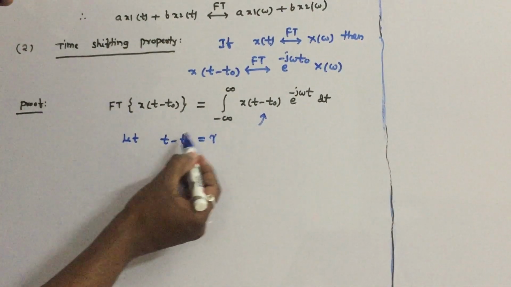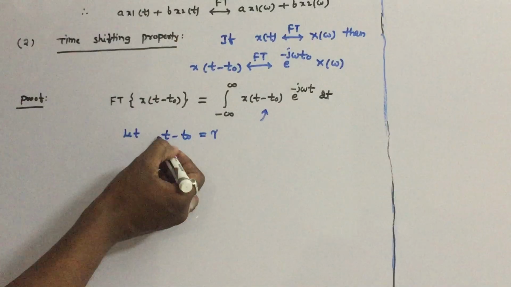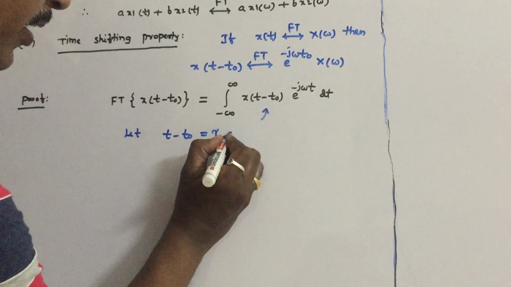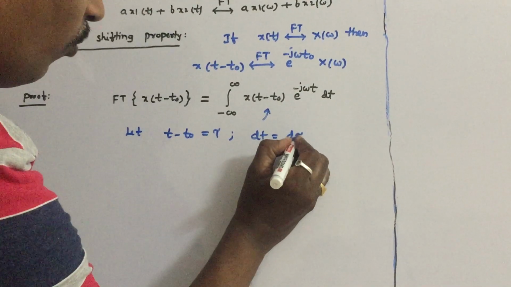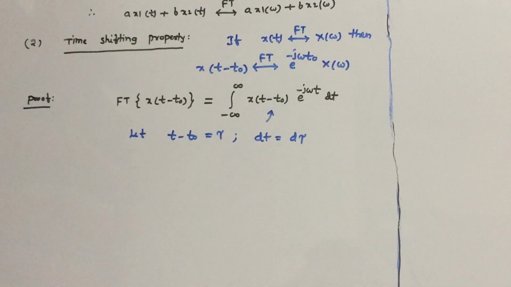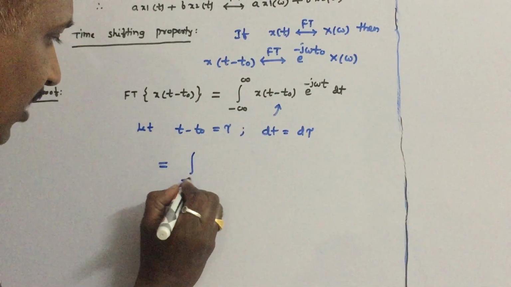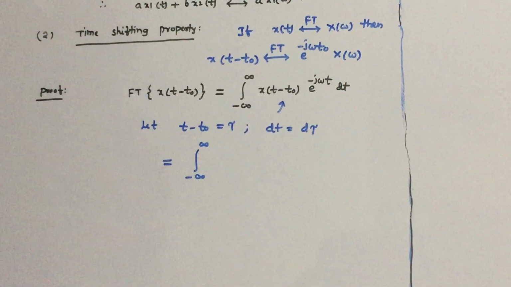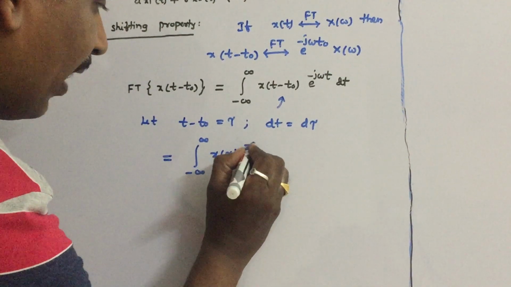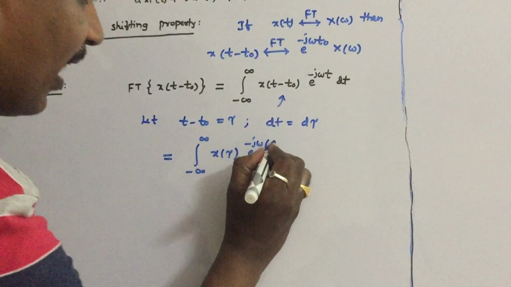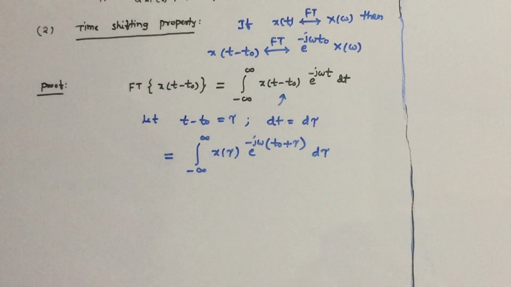If we substitute t equal to minus infinity, tau will become minus infinity. If you substitute t equal to infinity, tau will become infinity. What is differentiation? dt is equal to d tau. So let us substitute these things in the above integral. The limits will not change, minus infinity to plus infinity, x of tau e power minus j omega into t, which can be written as t naught plus tau, into d tau.